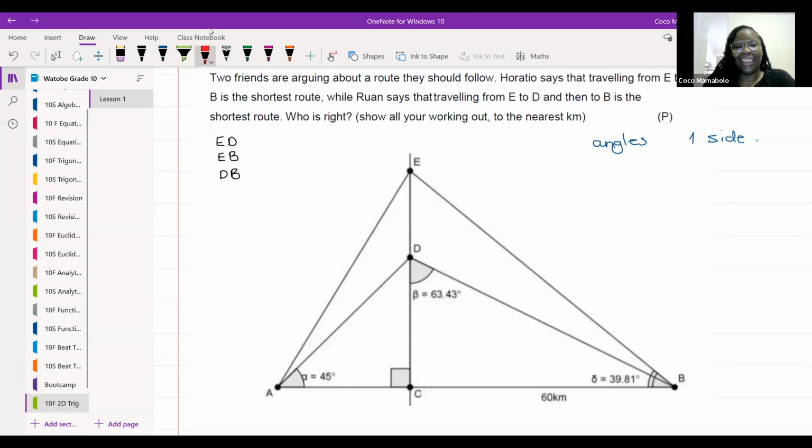Okay, so if we can't use Pythag, what involves angles and sides? Trig ratios, good. We know that we're going to have to use our trig ratios, guys. We're going to have to use our SOHCAHTOA.